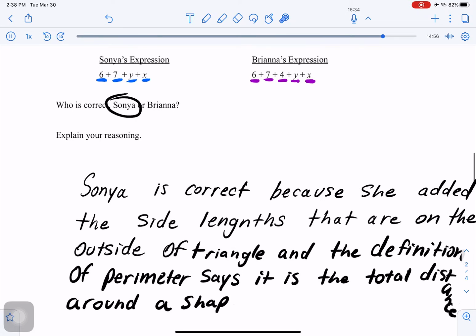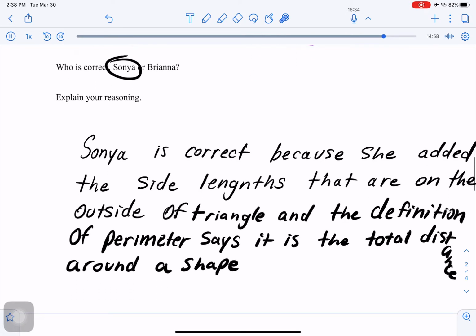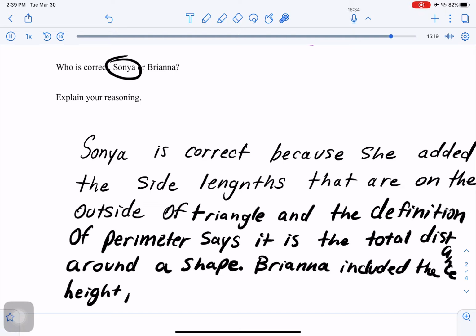Okay? And then you might also be able to add that Brianna included the height, which is not part of the perimeter.